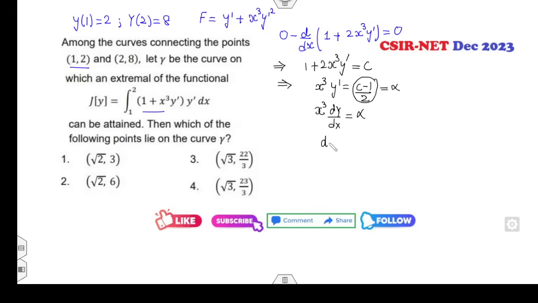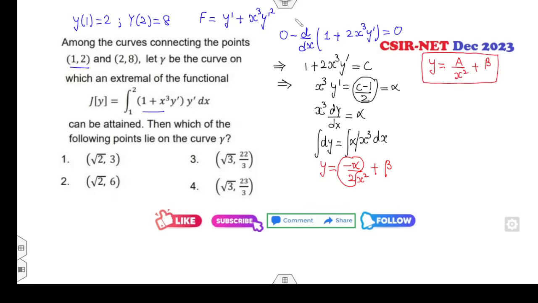So can you find the value of y? y will be the integral of alpha divided by x cube dx. Now you can integrate it. This integration will be minus alpha over 2x square plus a constant. Or minus alpha over 2 is another constant, so I can write this as a over x square plus b.